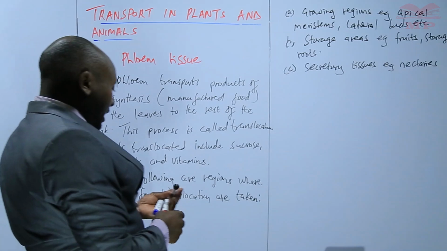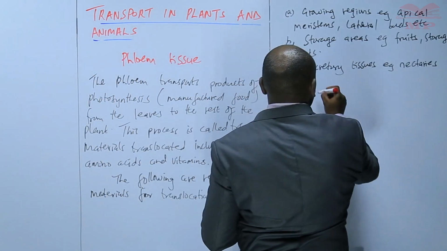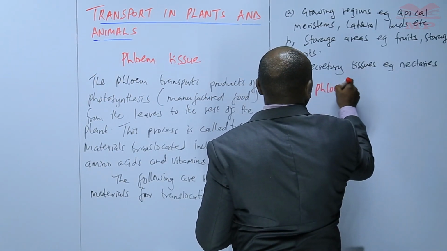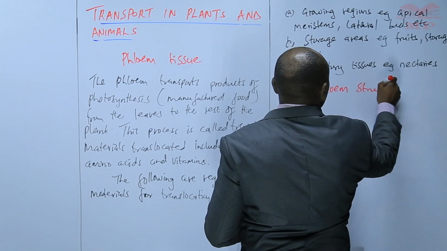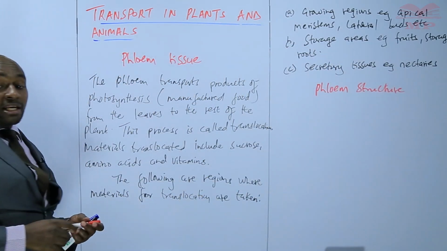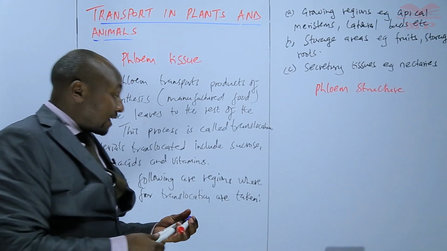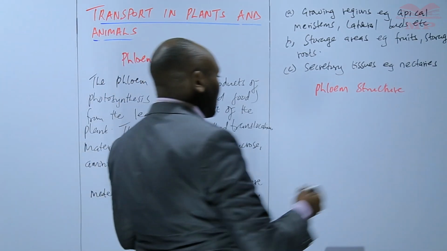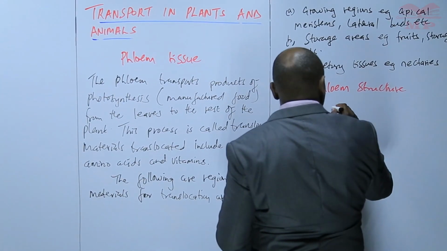Now, the other thing that you look at now is the phloem structure. And the phloem is made up of two types of cells, and we shall see them just in a minute.